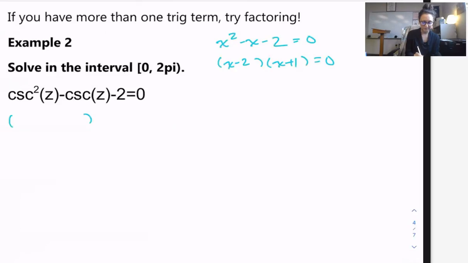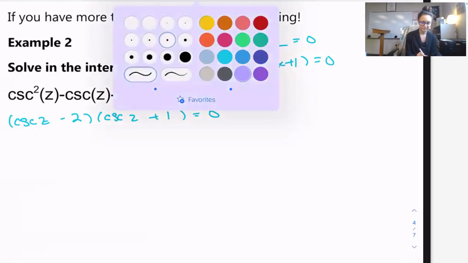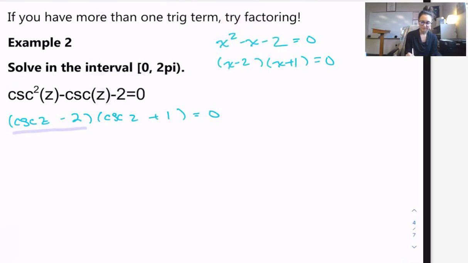So I am going to factor this very similarly, but instead of x minus 2 and x plus 1, I'm going to have cosecant of z minus 2 and cosecant of z plus 1. Okay, now we can set each of these factors equal to 0.